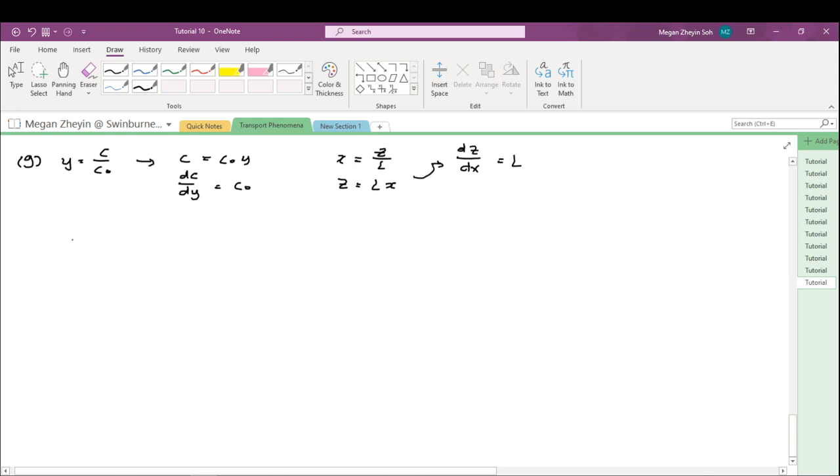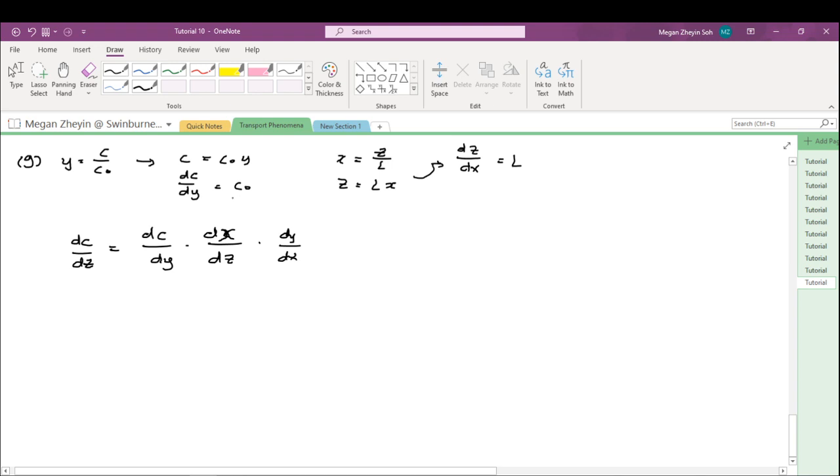Therefore, from here we can simplify our dc/dz to be dc/dy multiplied by dy/dx multiplied by dx/dz. So dy is cancelled off here, dx is cancelled off here, and we get dc/dz.